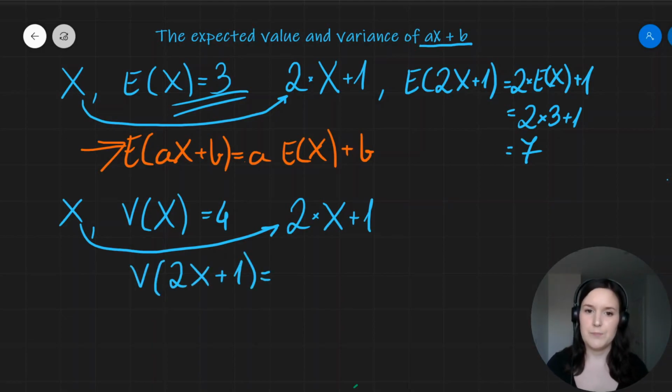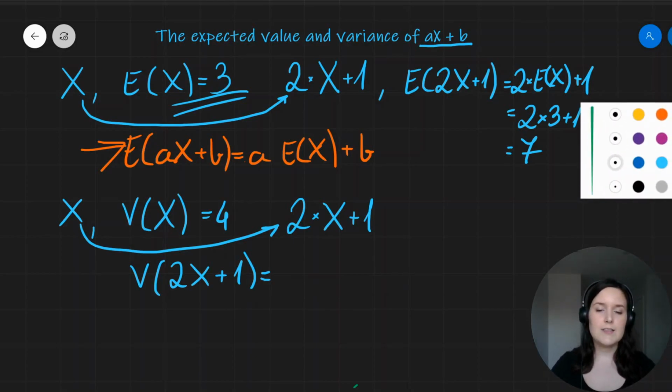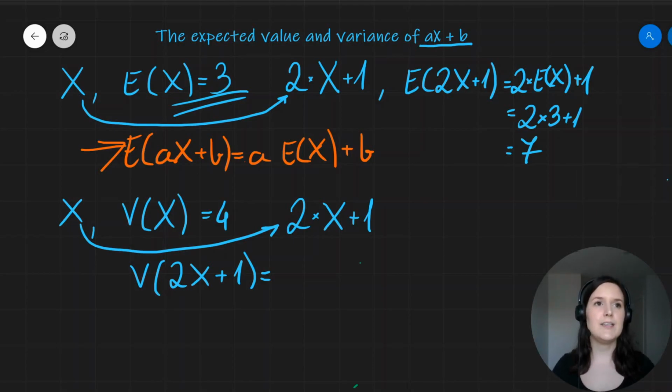Let's think about it. The variance is the measure of spread. We learned that the variance tells you about the weighted average of squared distances from the mean.